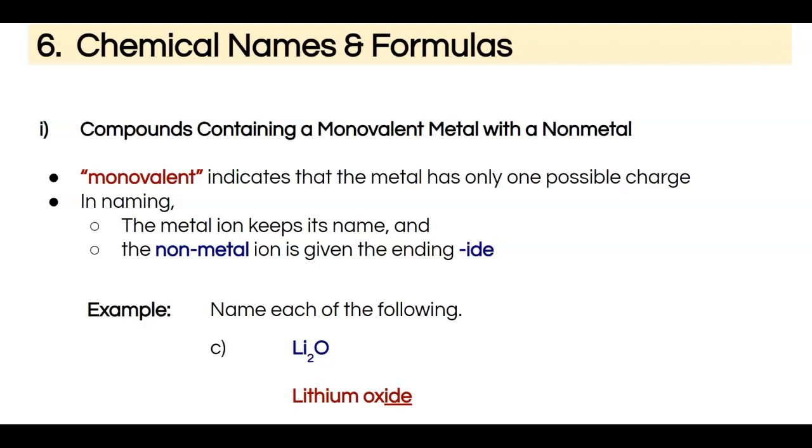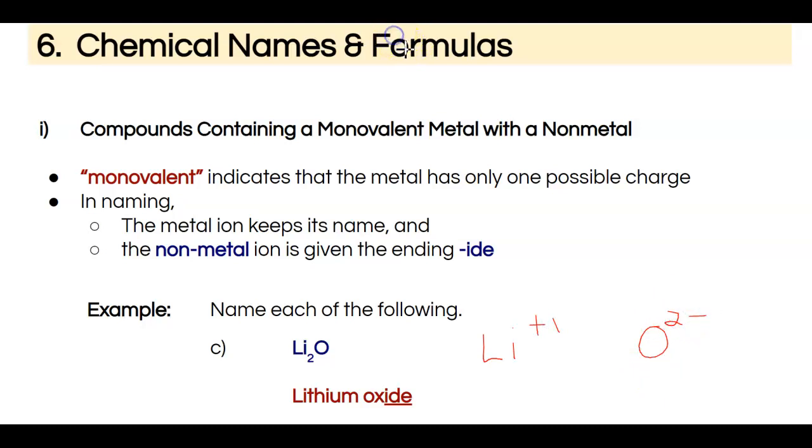Now, let me just explain to you why this 2 is here real quick. I know from the periodic table that lithium has a +1 charge, and I know from the periodic table also that oxygen has a -2 charge.